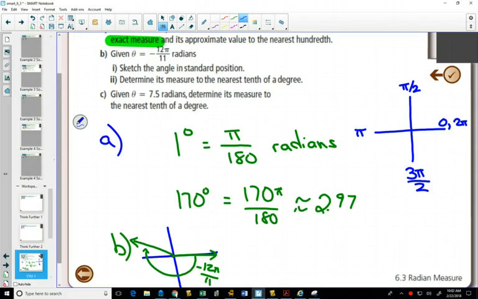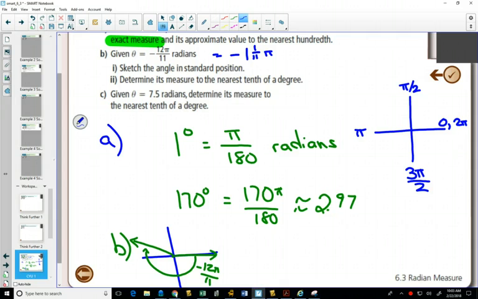So when I'm looking at negative 12 over 11, if I just look at the numbers 12 over 11, does that make sense that that's more than 1? In fact, I can write this as a mixed fraction as negative 1 and 1/11 pi.